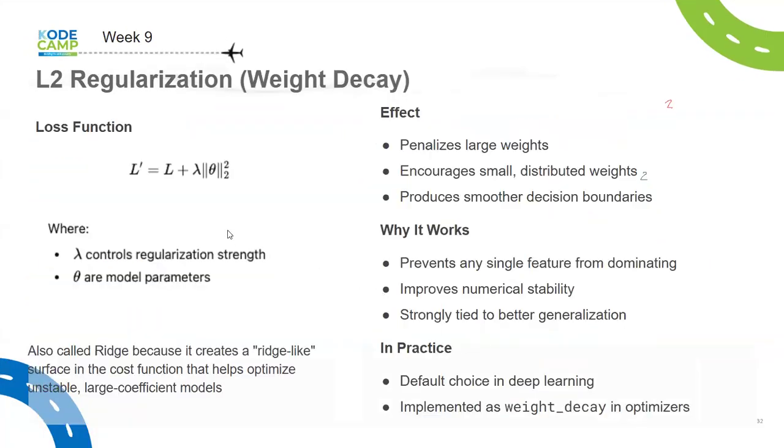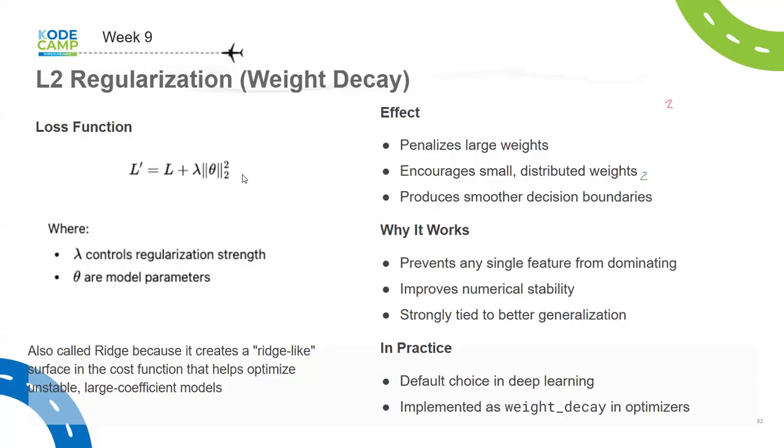So let's start with the first one, L2 regularization, which is the one that is really used a lot these days. Okay. What you just do is you update the loss function by adding lambda theta squared. This is a sum of all the parameters.